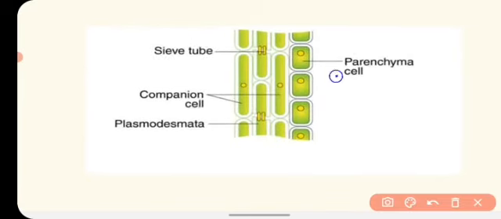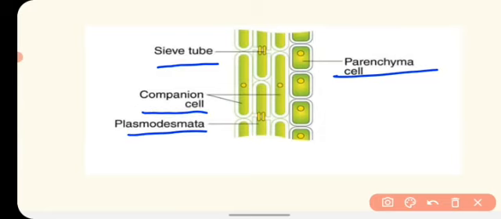You can see these are the parenchyma cells, sieve tube cells, and companion cells, and phloem fiber are also there. Now, sieve tube cells and companion cells are the main food conducting elements found in the phloem, and the sieve tube cell is the exceptional cell because it is a living cell, but it doesn't have a nucleus.